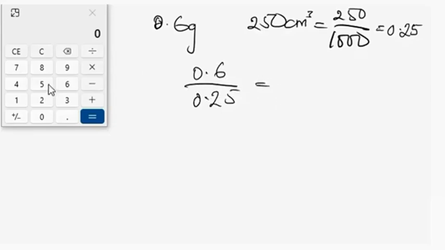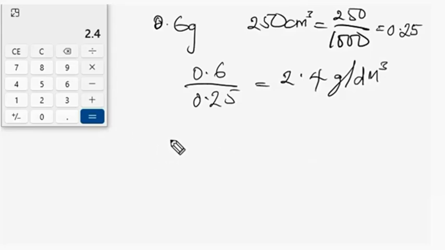So let's go ahead and check this out with our calculator. That's 0.6 divided by 0.25. That's 2.4, guys. So we're going to write it down here, 2.4 gram per dm cube. So guys, let's also recall that molar concentration is mass concentration over molar mass.